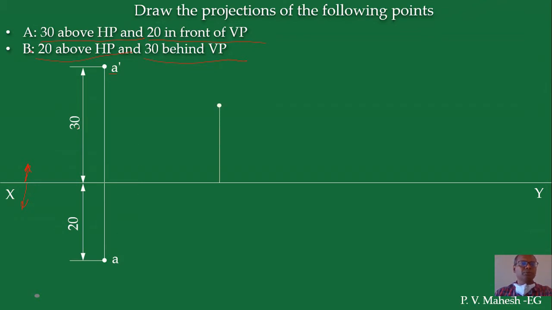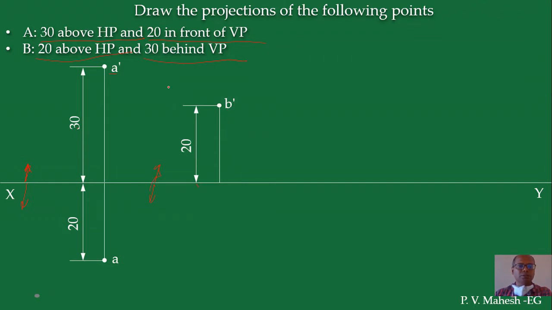Now the point B. The point B is 20 mm above HP. So 20 mm above horizontal plane means it is above horizontal plane, not below. What distance? 20 mm distance, and for the name designation, again you can see a small case letter with a hyphen.